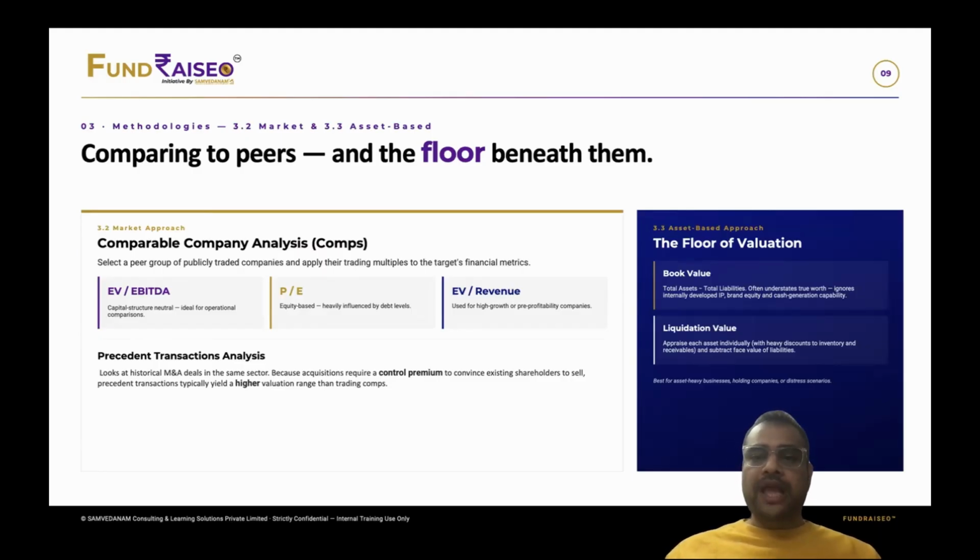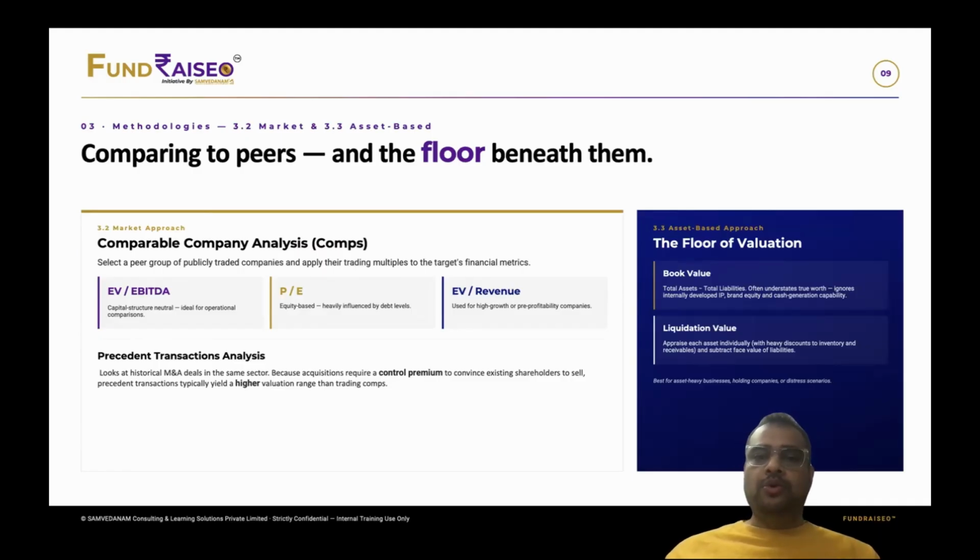Now we are talking about the asset-based approach. What is the asset-based approach? We've seen the floor of valuation, where we are talking about two terminologies, which are the book value and the liquidation value. Book value is nothing but your total assets minus your total liabilities. Is this methodology correct? In certain cases, it might look like a very good valuation to go for.